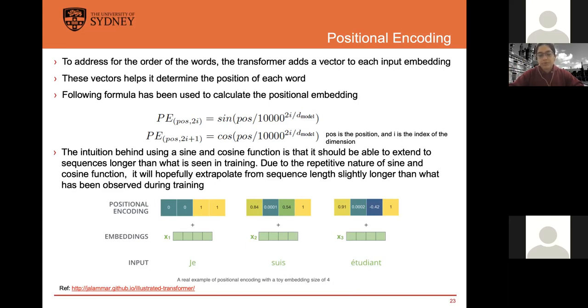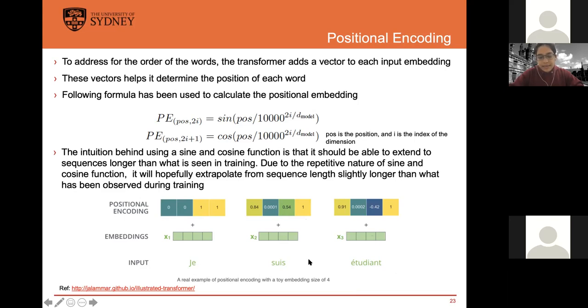If you think about incorporating positional information into a vector, you could use the actual position, right? Say you have three words here: this is your first word, this is your second word, this is your third word, and these are your input embedding vectors. You can add, say, 0, 0, 0 for the first vector, and 1, 1, 1 for the second vector.